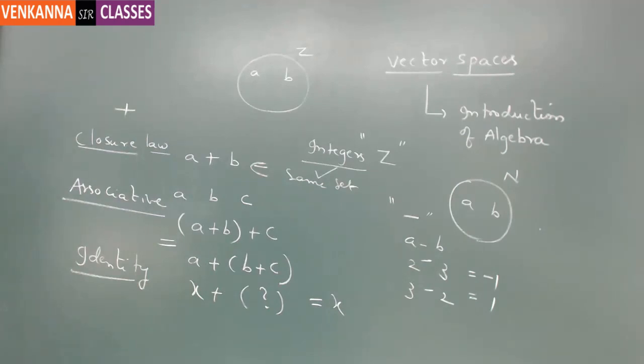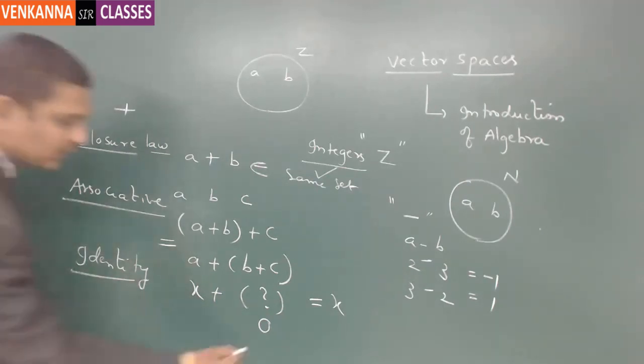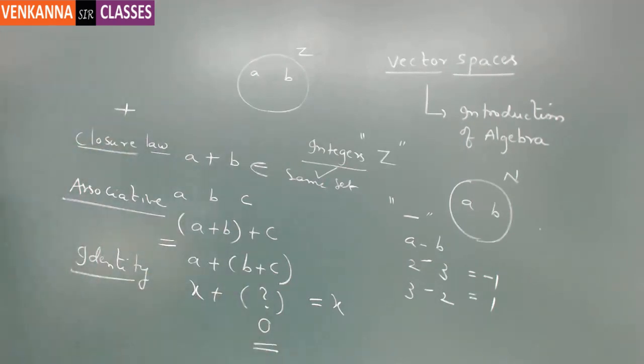What is the value there? x plus something again will give us x. What is that number? 0, right? Is 0 an integer or not? It is an integer. So 0 is called identity. The element 0 is called identity.